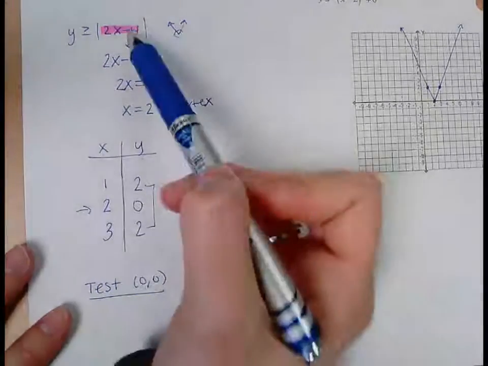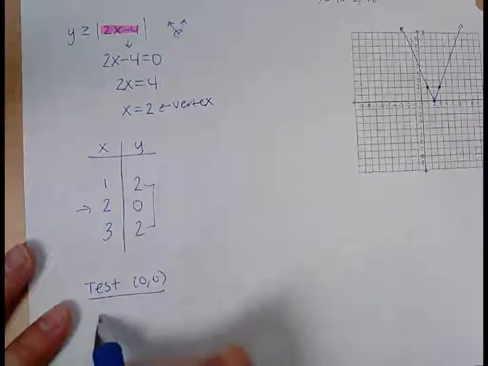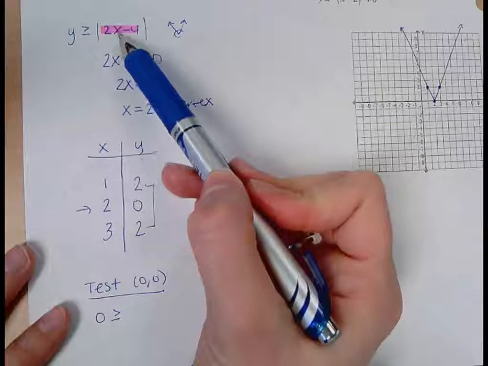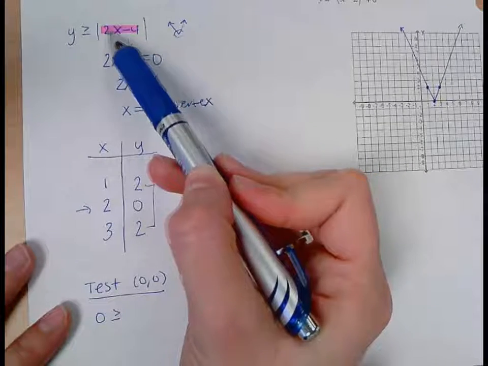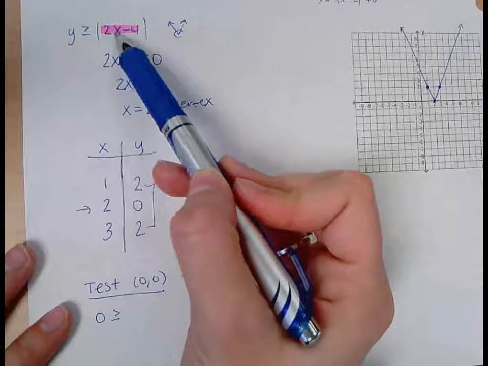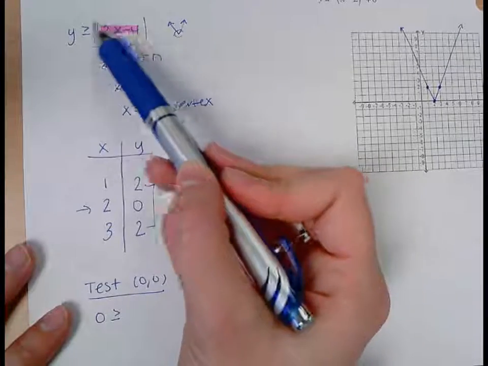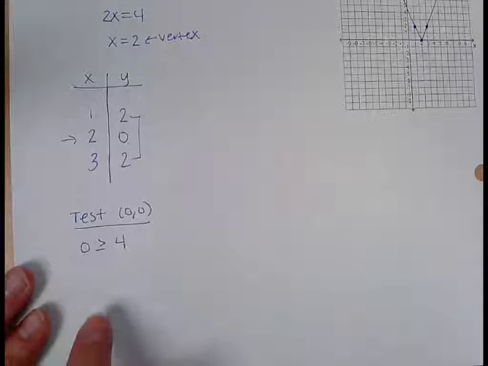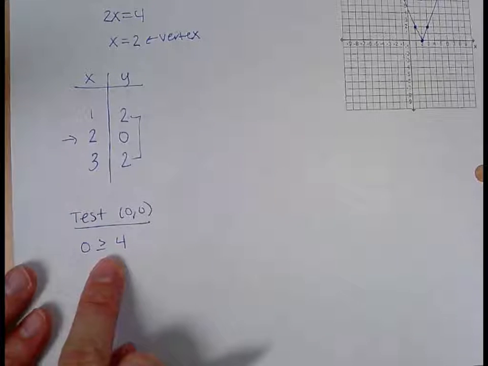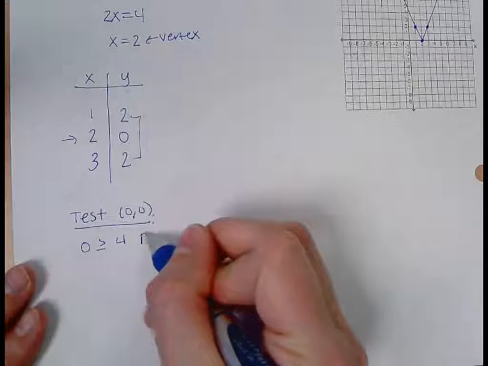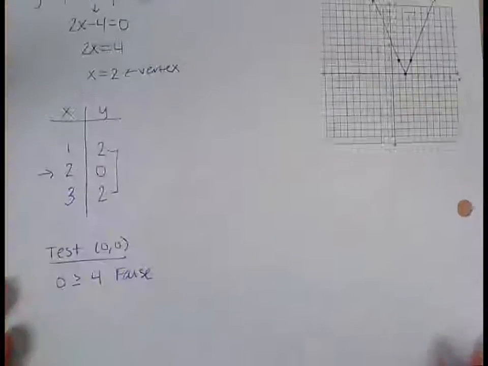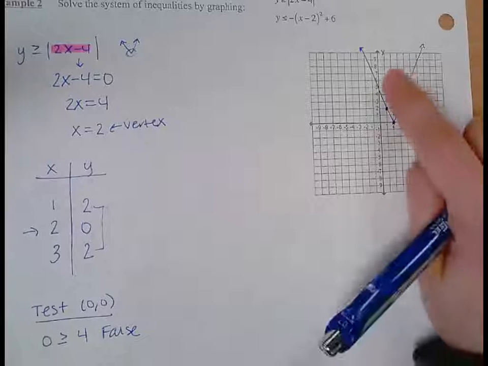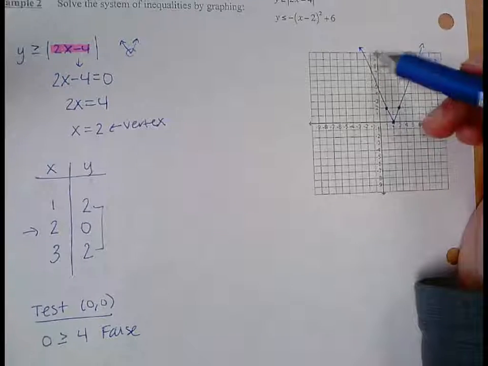If I put 0 in for the x and the y, I would have 0 is greater than or equal to... Putting 0 in for x would give me 0 minus 4, which is negative 4, but the absolute value is positive 4. So I would get 0 is greater than or equal to 4. That's false. So therefore 0, 0 is on the outside of the V. It's false. I want to shade inside of the V.